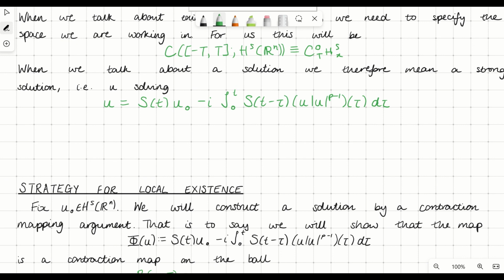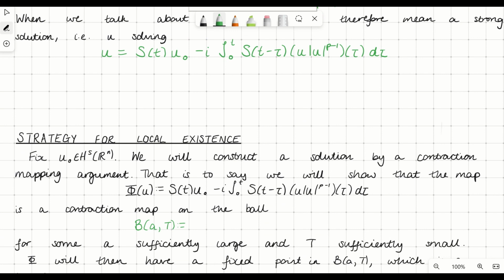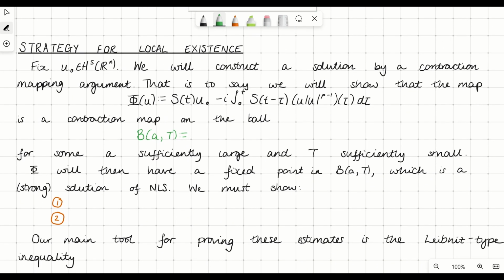We'll construct a solution in this space by a contraction mapping argument. So that's to say that we'll show that the solution map, this Φ(u), is a contraction map on some ball B_{A,T}, which is a set of functions in C^0_T H^s_x with norm in this space less than or equal to A. And we'll have to choose A sufficiently large and T sufficiently small so that Φ is a contraction map on this space.